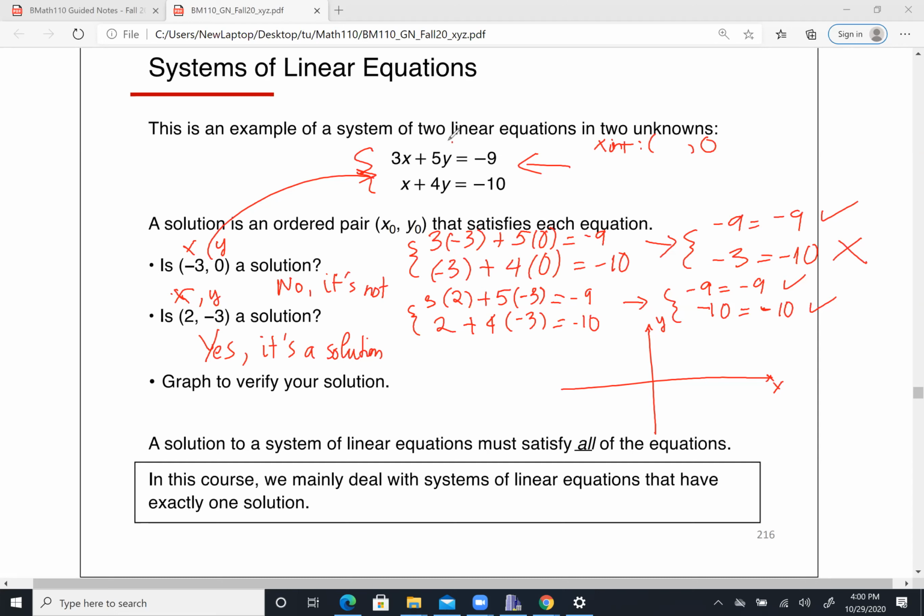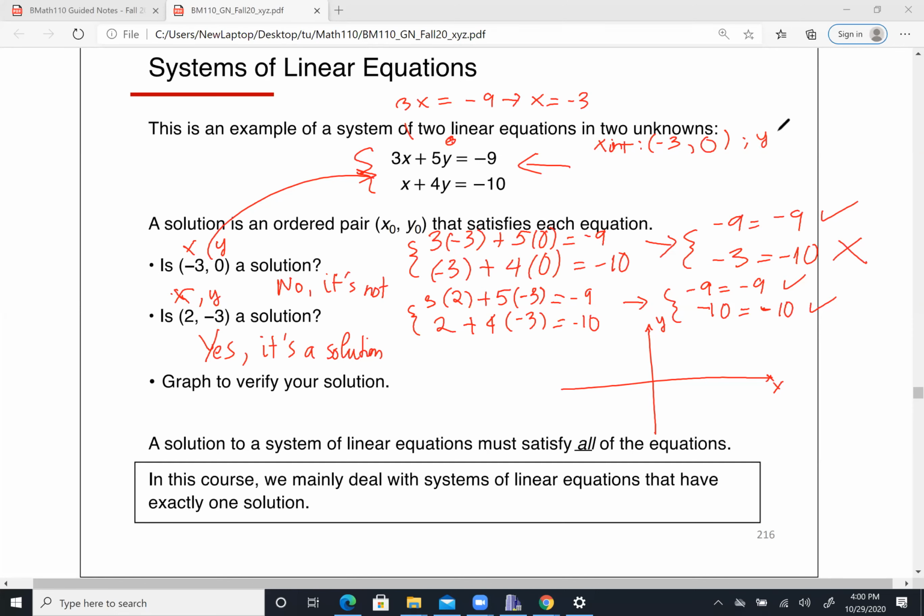Then this will be 3x equals -9, and that will give you x equals -3 if you divide both sides by 3. So you have (-3, 0) for the x-intercept.